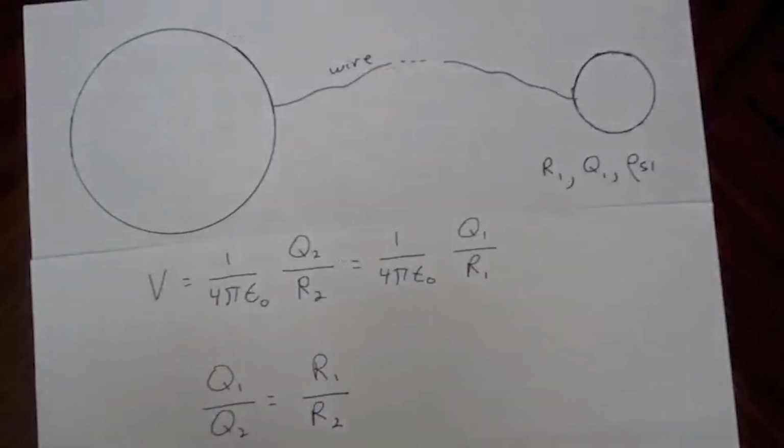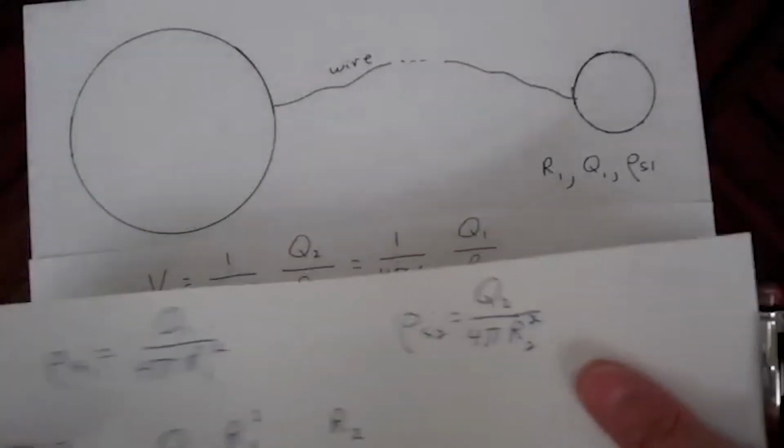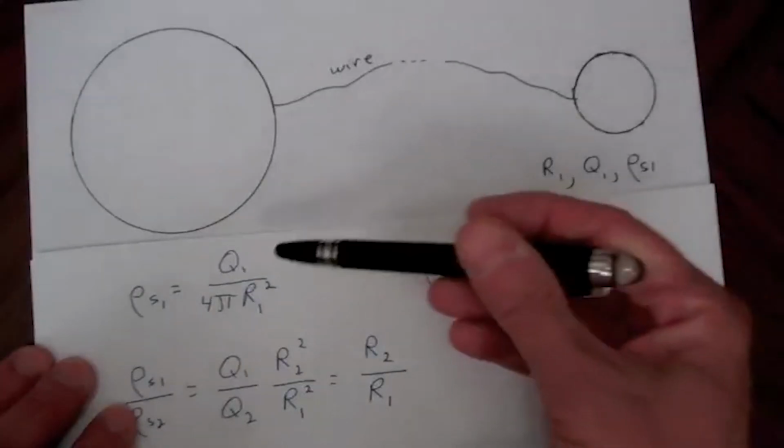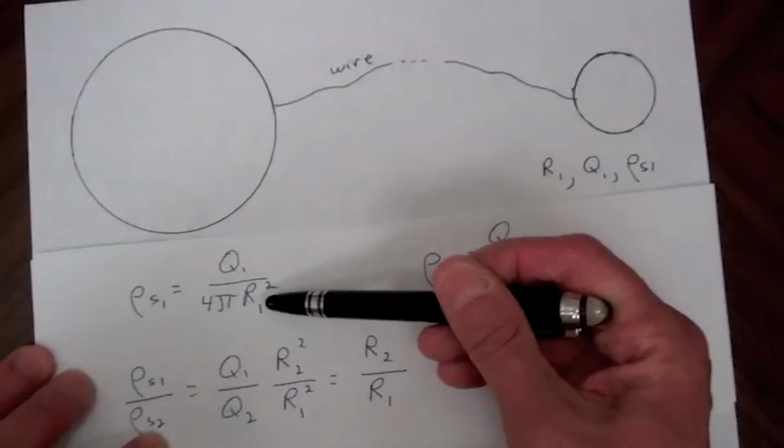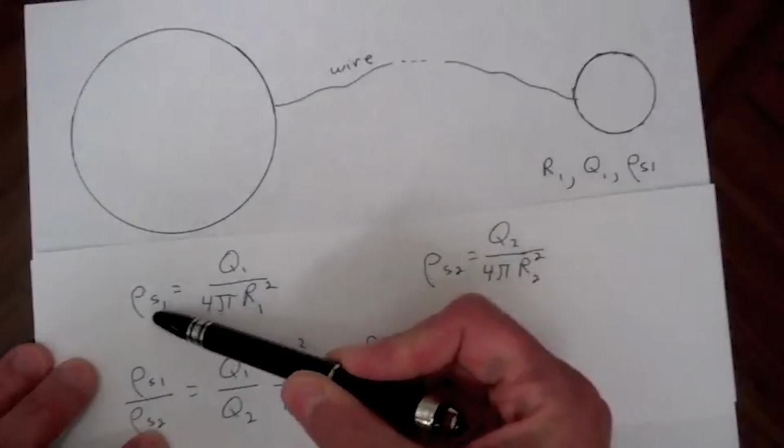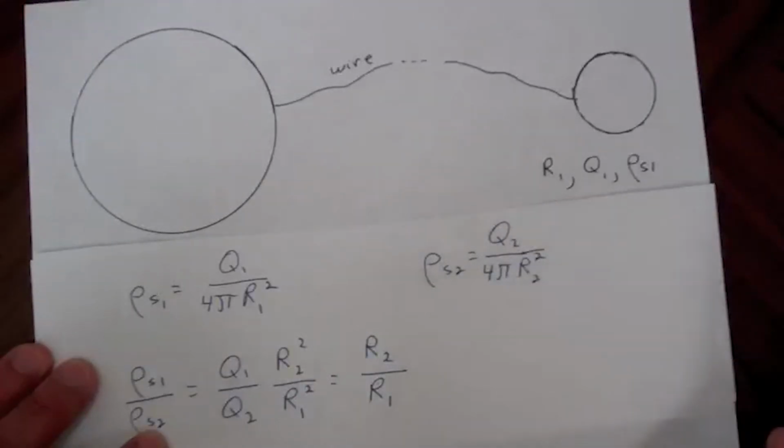Okay, now the surface area of a sphere is 4 pi r squared. So the charge density is just the total charge divided by 4 pi r squared. Okay, so here we have the charge density on the two spheres.